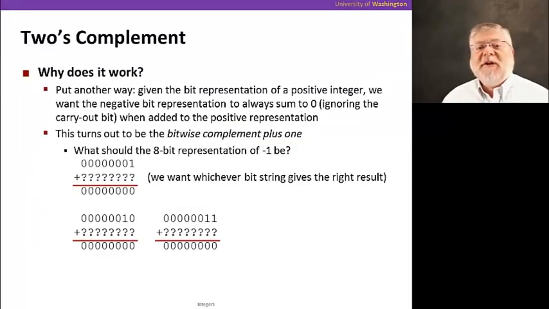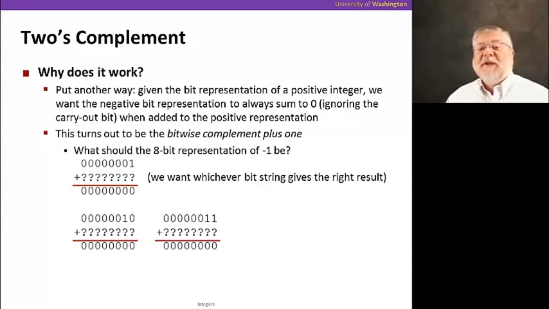Why does 2's complement notation work out so well? Well, let's try to look at it a different way. Whenever we have a positive integer, we would like the negative number representation of that same integer to always add up to 0 if we sum it with the positive version. So let's take a look at the numbers 0, 0, 0, 1. What do we have to add to that in order to get all zeros, right?